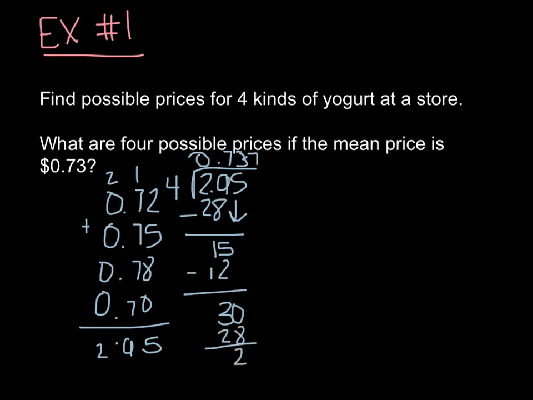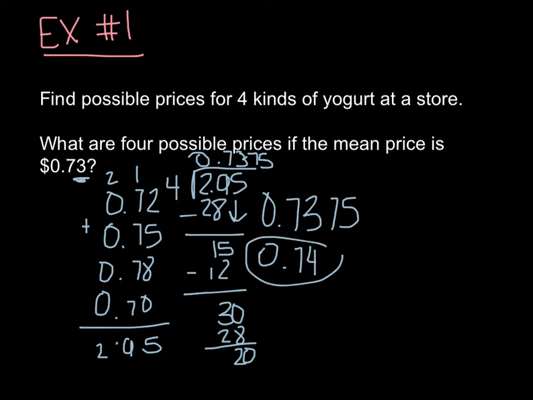And 4 can't go into 2, so we add a 0. And we were very close. We got 73 and 75 hundredths, which if we round to the nearest hundredth, we get 74 cents. So we're very close.